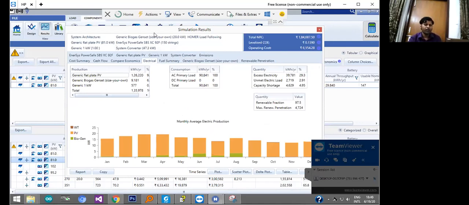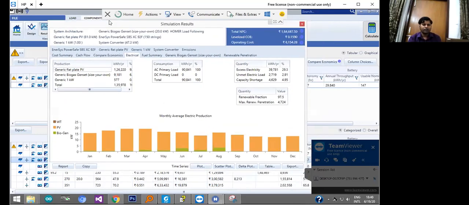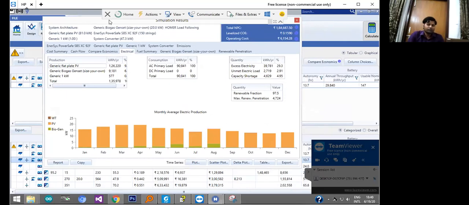If you have any doubts about renewable energy systems, like how much capacity we should install, how much electric energy generation there will be, or the price breakdown for all the components, you can easily get it from this software.